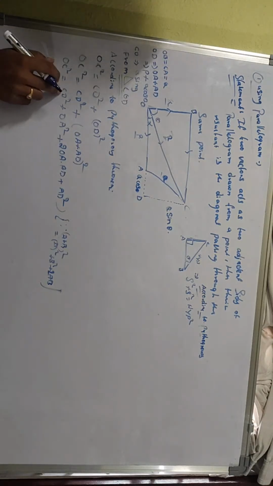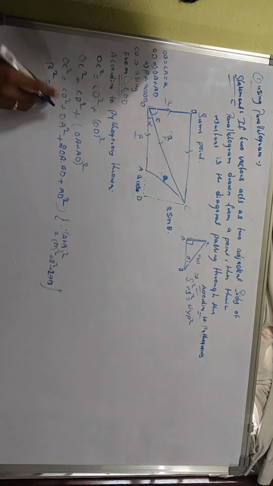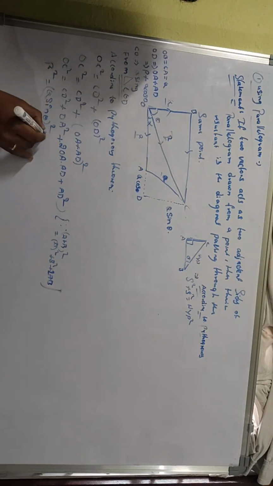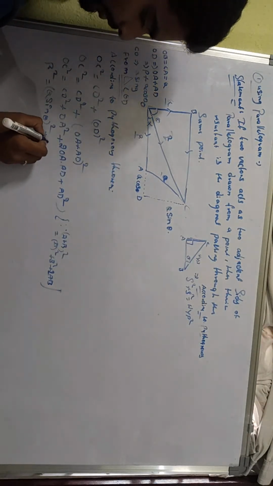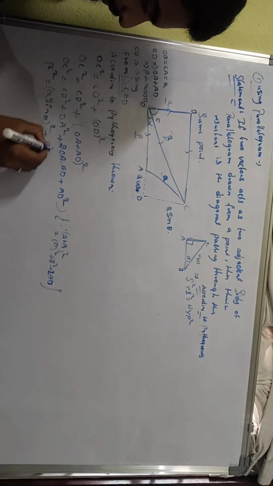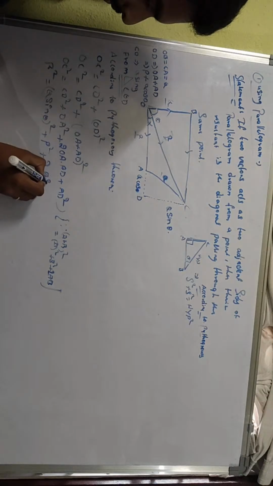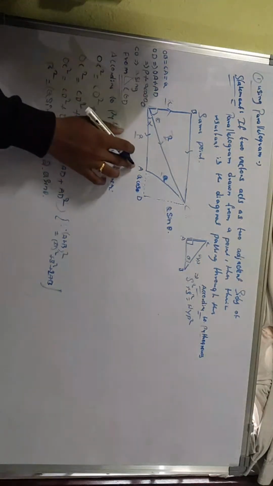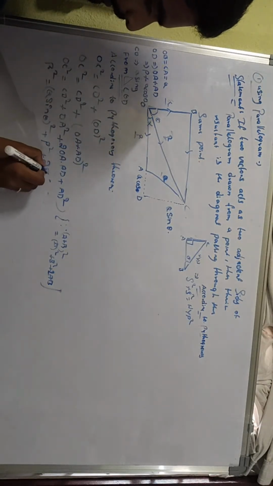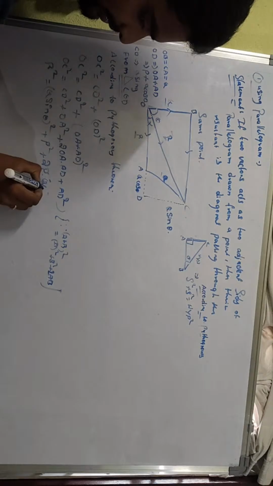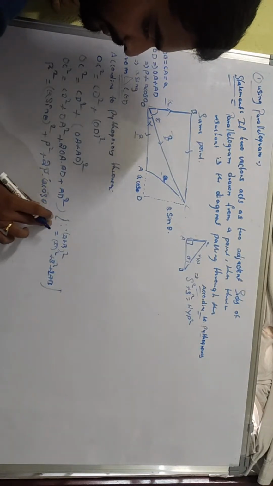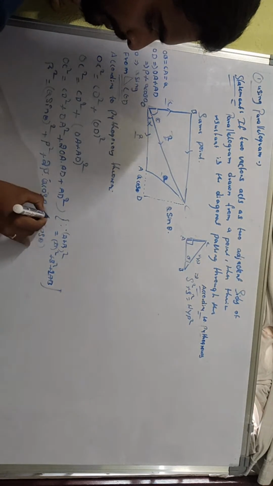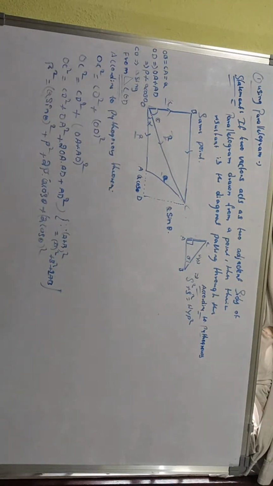R square, that means CD square, we have the value Q sin theta whole square, plus OA square, which is P square, that means P square plus 2 times OA which is P and AD which is Q cos theta, plus AD square, which is Q cos theta whole square. Finally, this is the value we get.